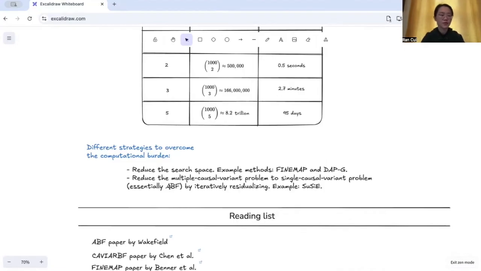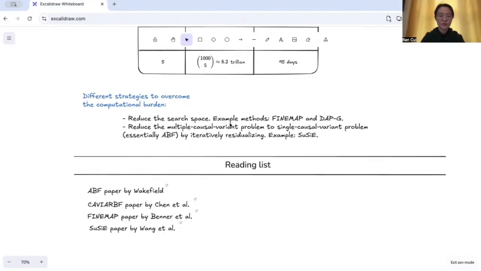The other school of thought is to remove the need to consider a massive search space altogether and turn the inference of every causal SNP into a separate problem that essentially goes back to using ABF's single causal variant assumption. This is the philosophy behind the popular fine-mapping method, SuSiE. So that's all I want to talk about in this video. I have listed here 4 papers that you can read if you want to dig deeper into the methods.